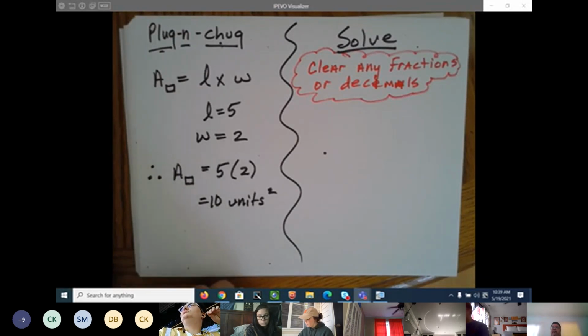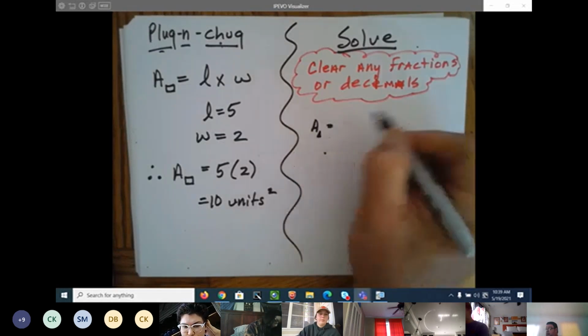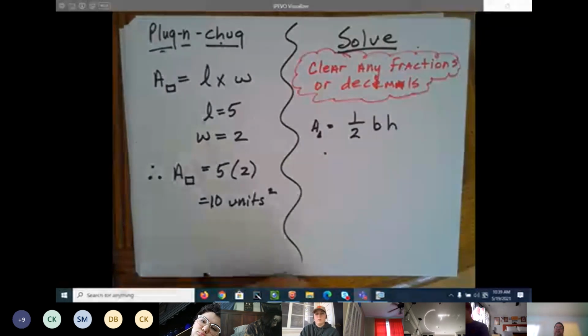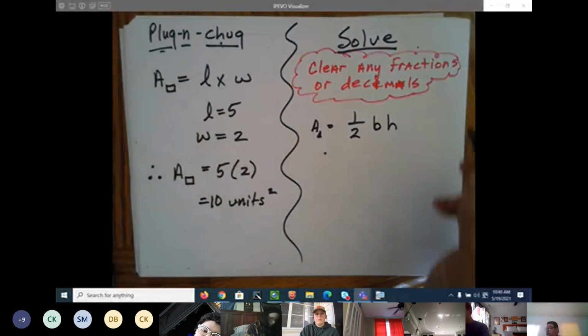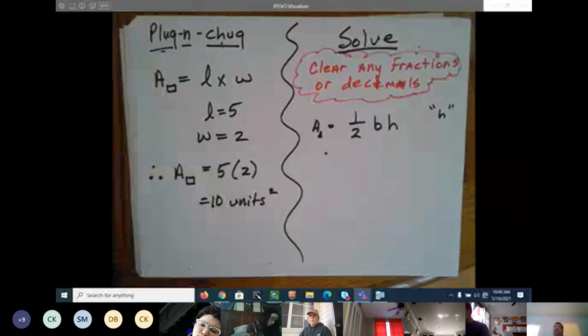So let's do the area of a triangle. The area of a triangle is equal to 1/2 base times the height. And they want you to solve for h. Before I even start, the first thing I'm going to do is multiply both sides by 2.